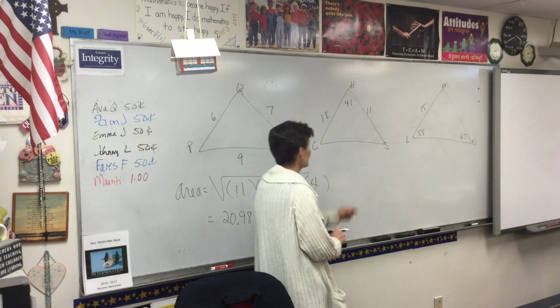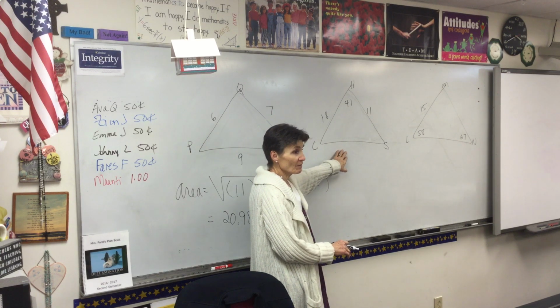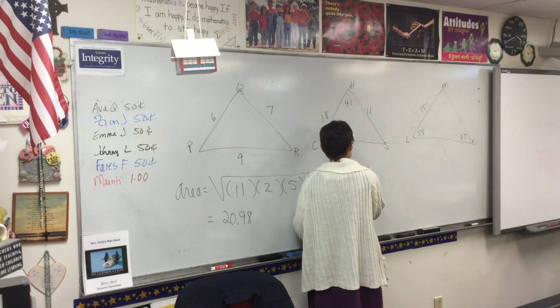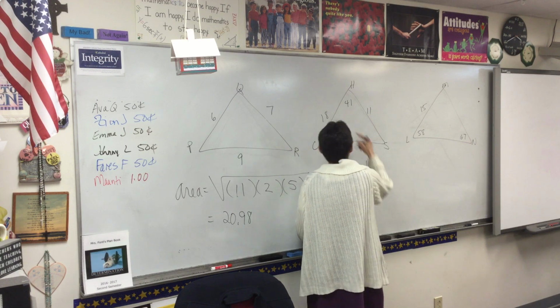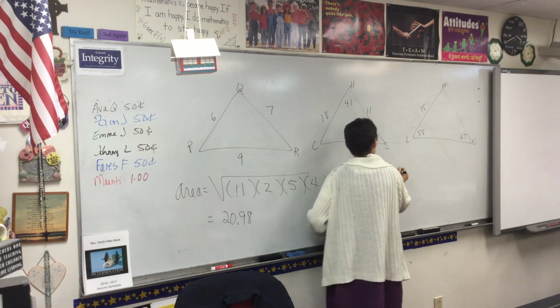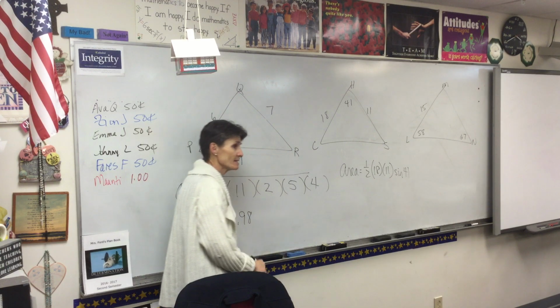Now this one might even be easier. How do we find the area of this one? Yep, area equals 1/2 side times side times sine of included angle.